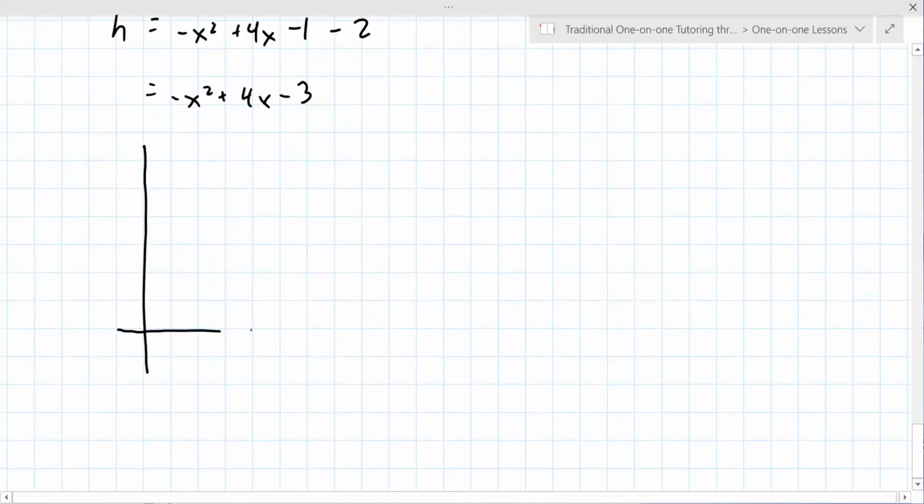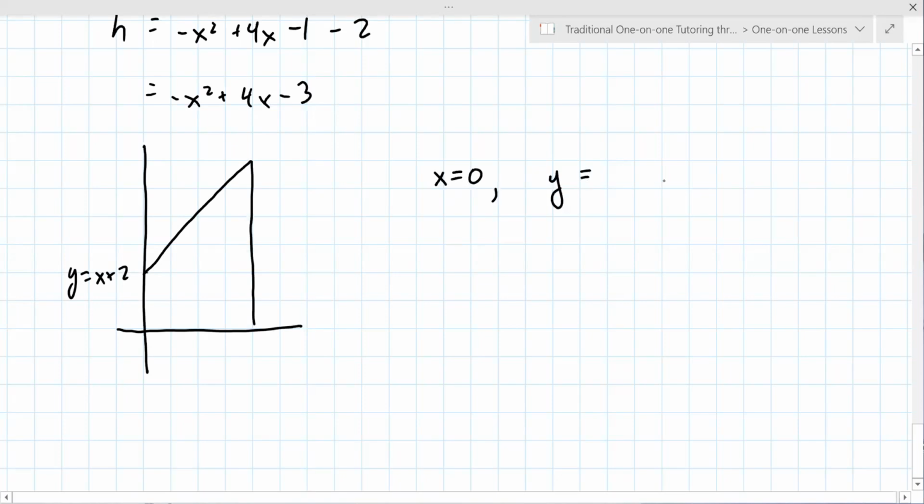To explain this, let's say I have the equation y equals x plus 2. When x equals 0, what is the y value? 2. When x equals 4, what is the y value? 6. Very simple, right?